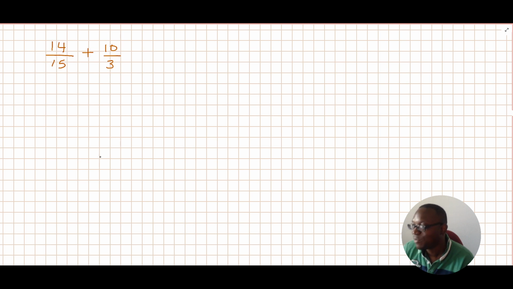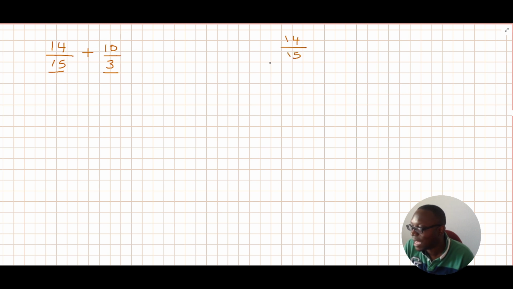14 over 15 plus 10 over 3. So we want to first come up with our least common denominator. I'm just looking at this right here. You should have 15 will be your least common denominator. So we have 14 over 15.